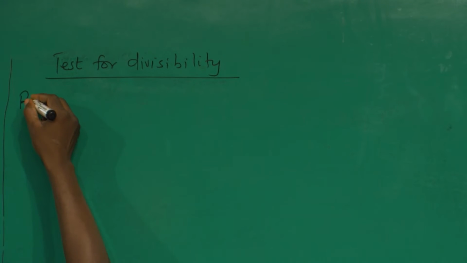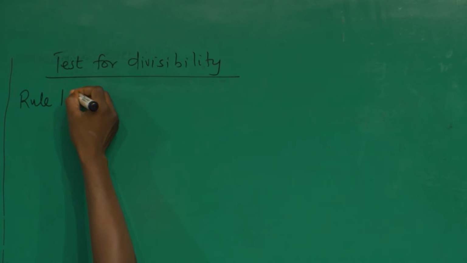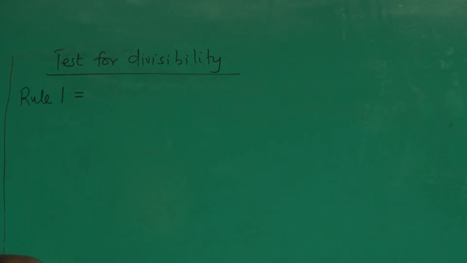The first rule deals with 2. How can a student tell easily whether 2 divides a number? They said 2 can divide a number exactly when the last unit digit of that number is 0 or even.